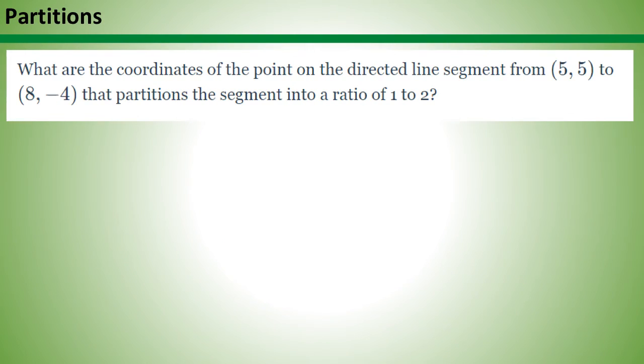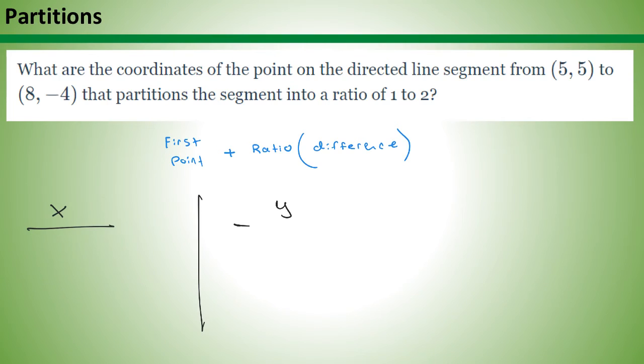Here's another one. Again, the formula: first point plus ratio times the difference. Again, we're going to find an x and we're going to find a y.